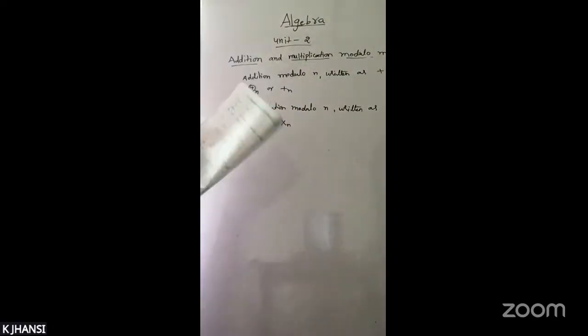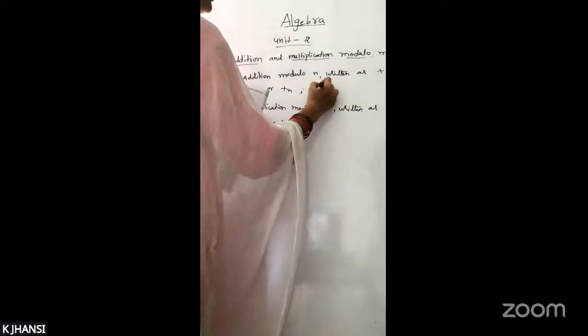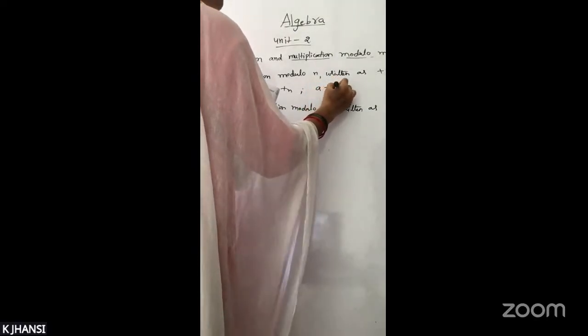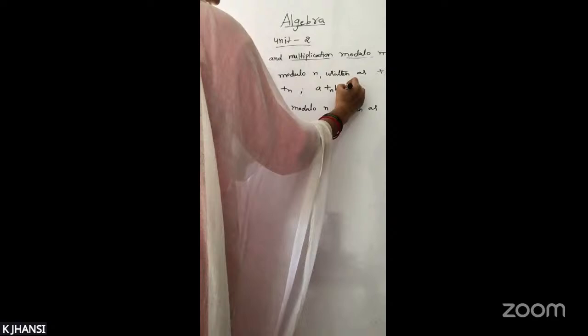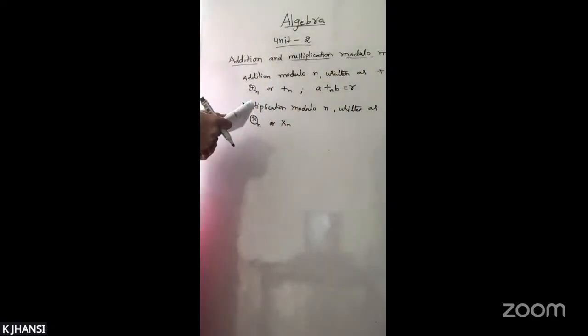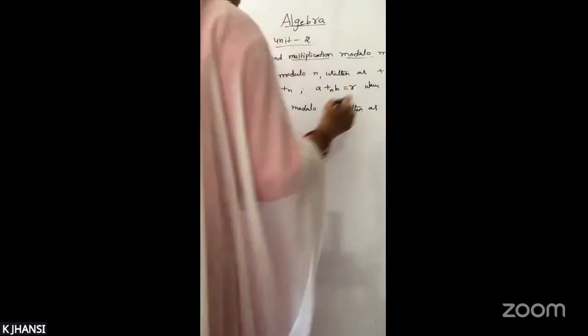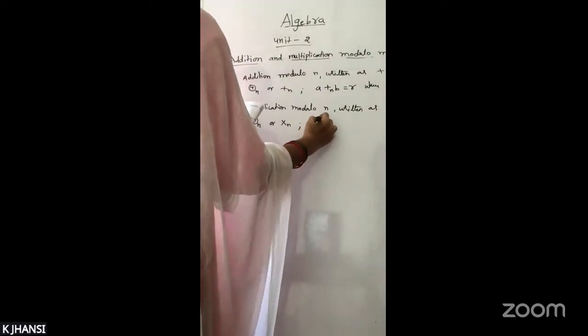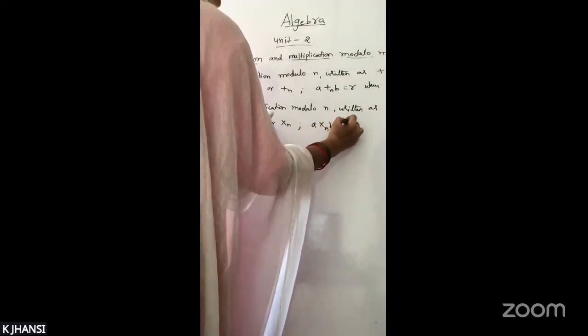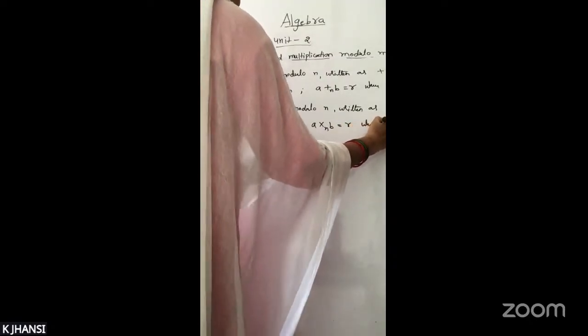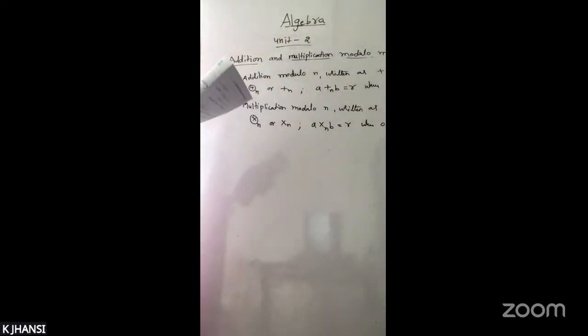We'll write this as a plus n b equals r, where r is 0 less than or equal to r less than n, and here we'll write a cross n b equals r, where 0 less than or equal to r less than n. Here r is the remainder obtained by dividing the usual product ab by n.